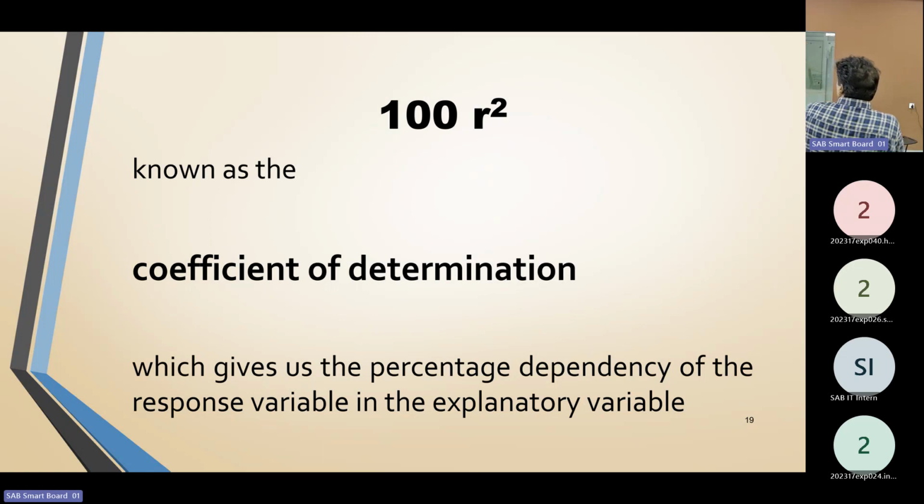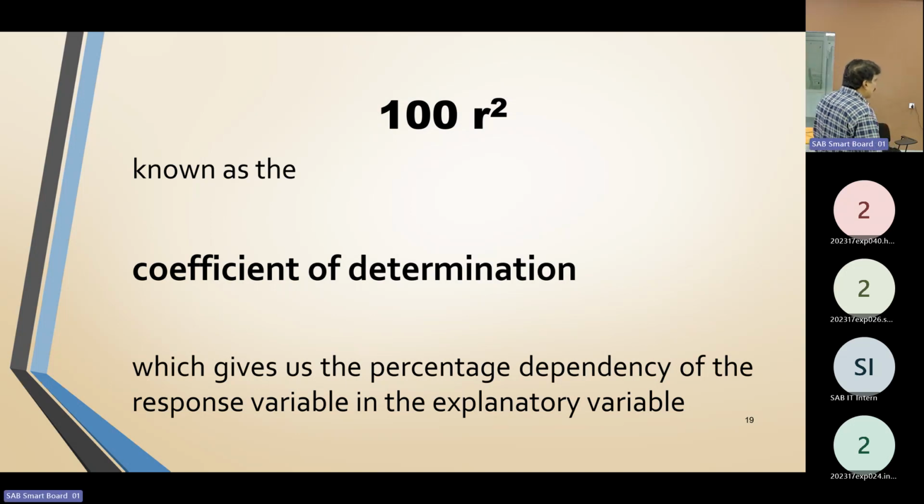This 100 R squared is known as the coefficient of determination. It tells us how much percentage the dependent variable depends on the given predictor variable. Say price and profit: how many percent of profit depends on price is given by this 100 R squared.